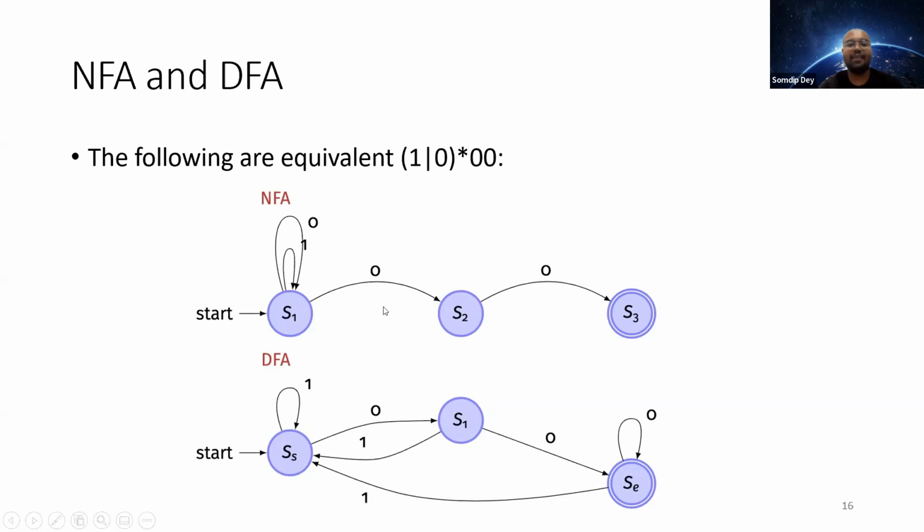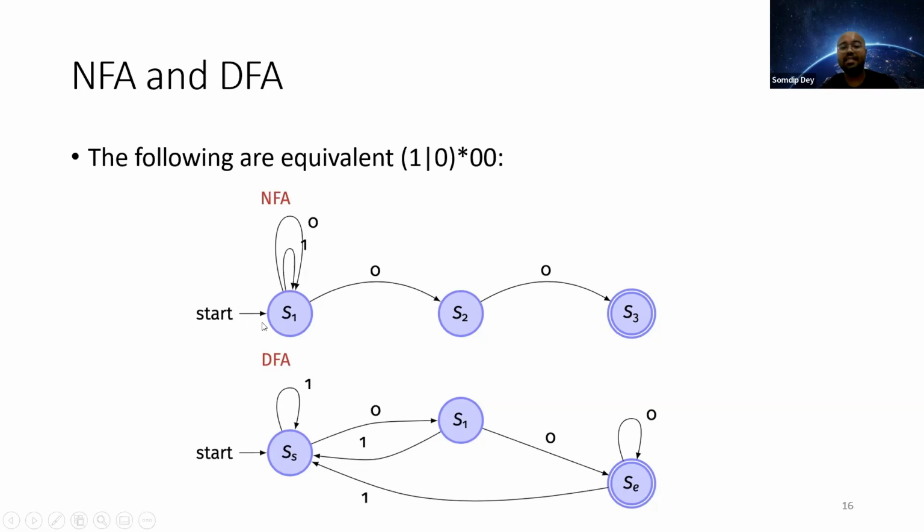So let's take an example of the finite state machines. This is the NFA and DFA which accept the input strings expressed by a regular expression like this. If you have the regular expression (1 or 0)* followed by 00 at the end, this will be accepted by both this NFA and DFA.